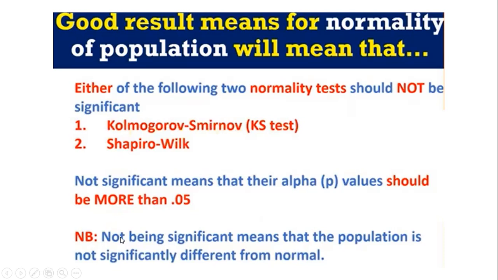This is what I meant by saying you have to note that the population is not significantly different from normal. These are the Shapiro-Wilk test and the Kolmogorov-Smirnov test, which we also call the KS test.